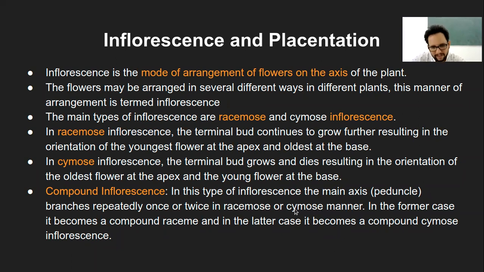So that way on the same plant, that type of inflorescence is called compound inflorescence. Now in the former case, it becomes compound raceme. Like if the branches show twice racemose and then cymose, that becomes compound raceme. And if it is twice cymose, it becomes compound cymose.